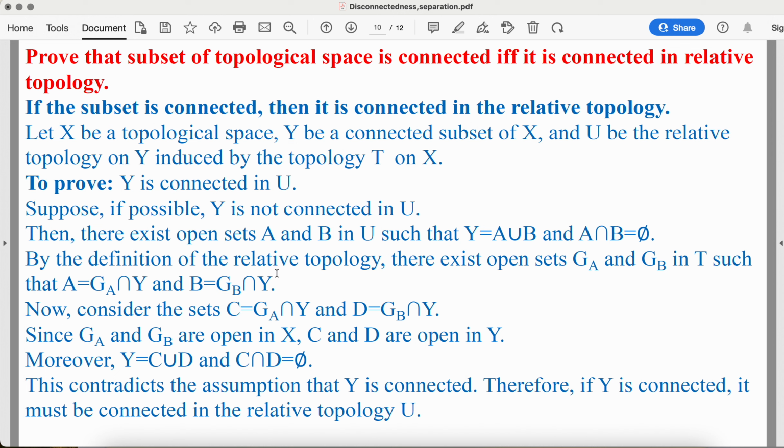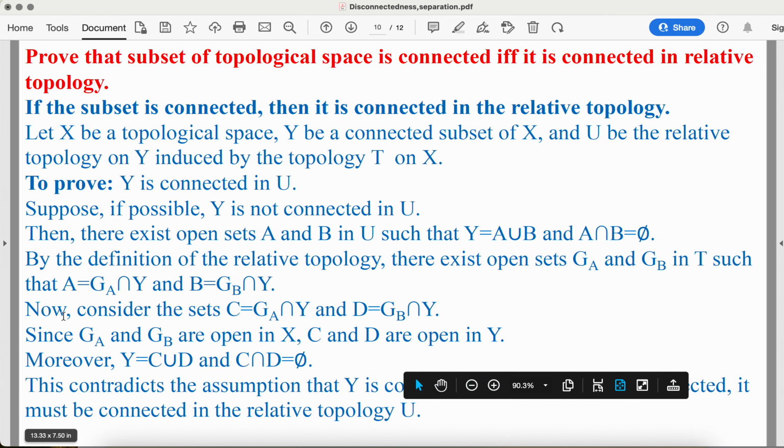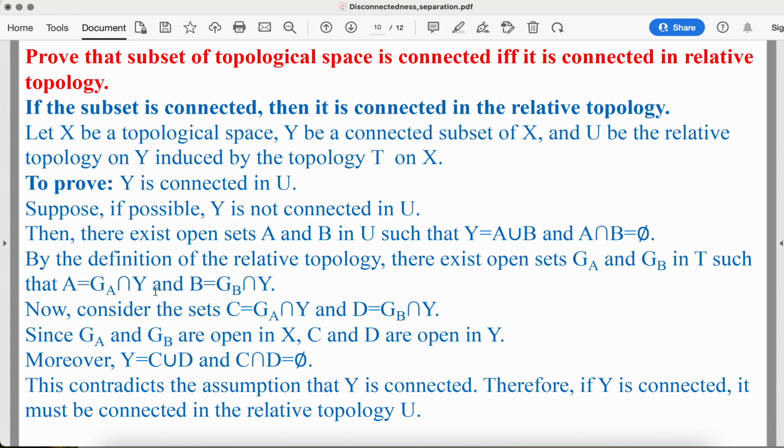And by the definition of relative topology, there exist open sets GA and GB in T such that A is equal to GA intersection Y and B is equal to GB intersection Y.